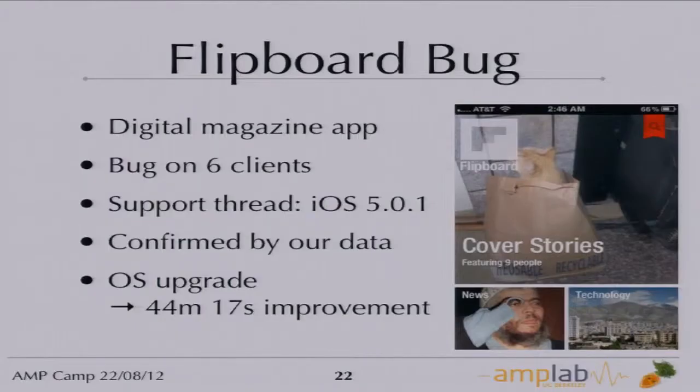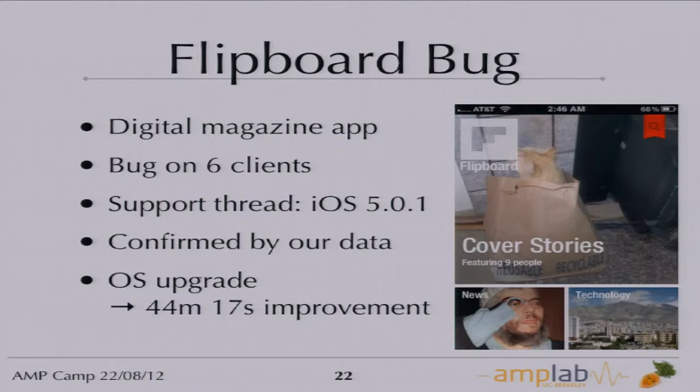Flipboard, if you're not familiar with it, is what's called a digital magazine app. It aggregates data from a bunch of different news sources like your Facebook feed and CNN and so on, and presents it to you in a pretty interface. In this 75-user deployment, Flipboard was reported as a bug on 6 of the clients. We found a support thread that suggested a particular problem with an interaction with iOS 5.01.